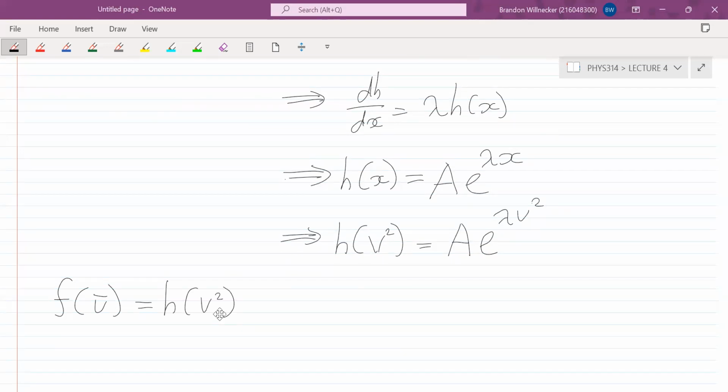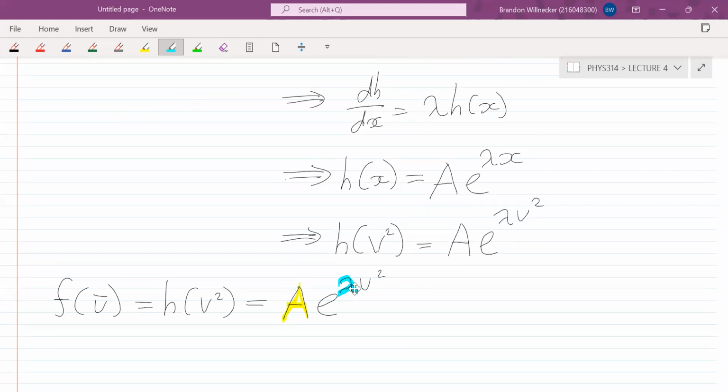If we're not going to put any emphasis on any particular direction, it must only depend on the magnitude. And we figured out that this h function needs to have the following shape: a e to the lambda v squared. But we still don't know what a is, and we still don't know what lambda is.